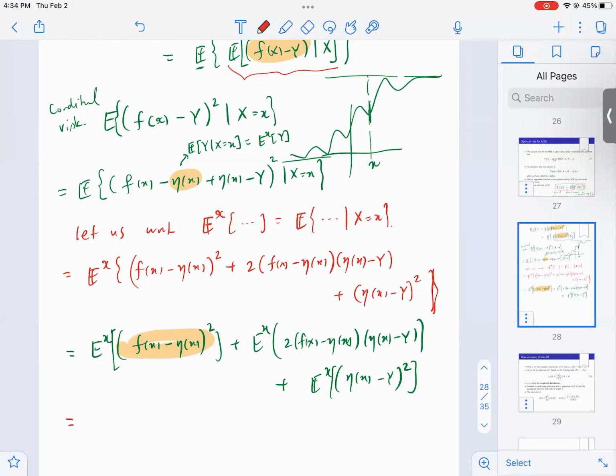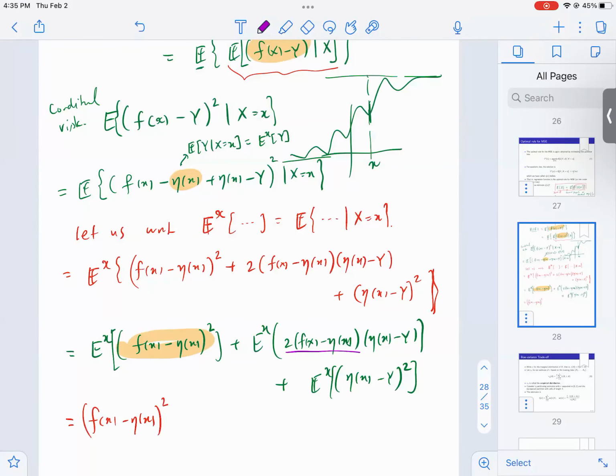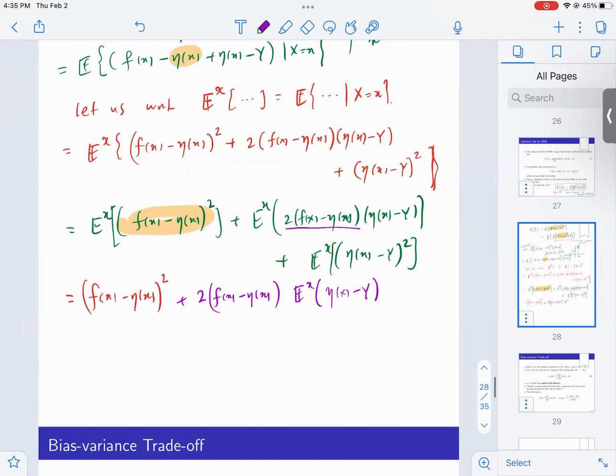The randomness is only in y here. And then for the second term, again, this term is constant and comes out of the expectation. So I get 2 f of x minus eta of x times expectation x of eta x minus y, and then the last term.